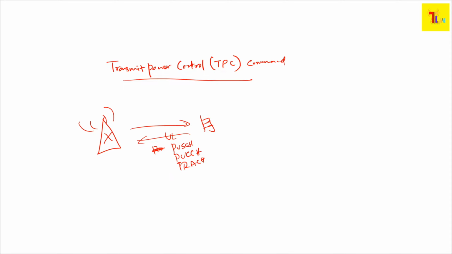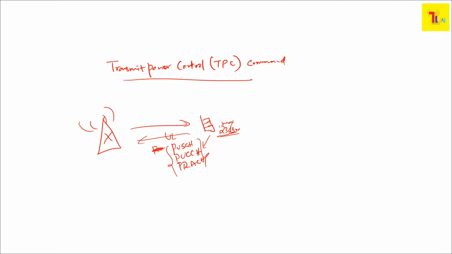When the UE transmits these channel messages, it has to send them with some uplink power. Generally, the typical maximum power used by the UE is 23 dBm.